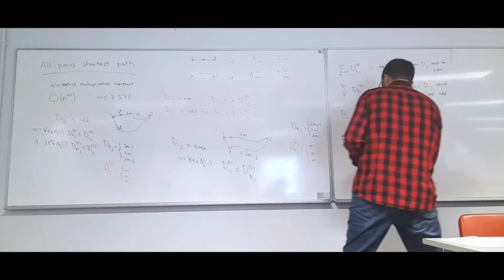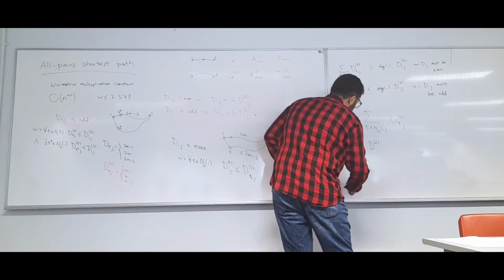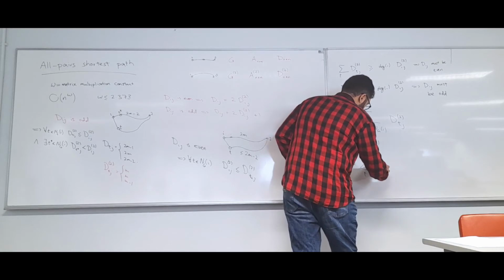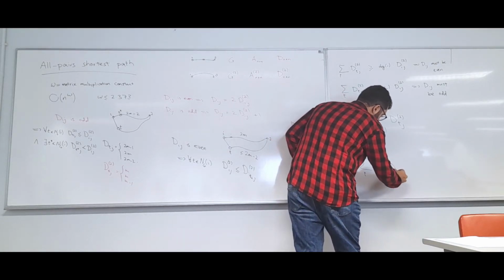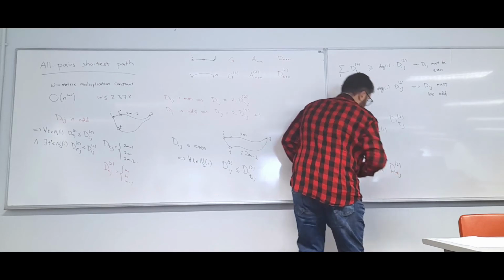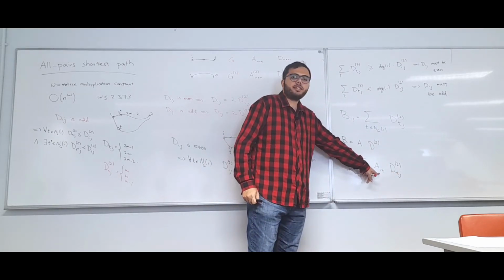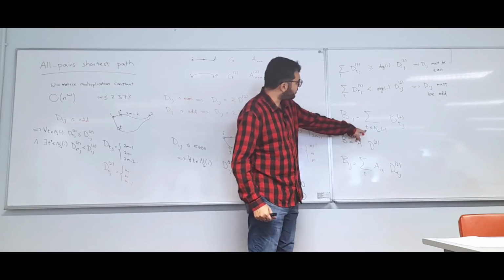I get that Bij is the sum over, let's call it T now, of AIT times DTJ2, okay? But AIT is just a Boolean value that tells me whether I and T are neighbors. So this is the same as saying I'm taking this sum over all the neighbors.